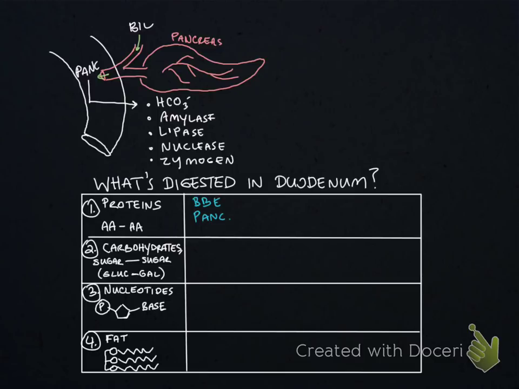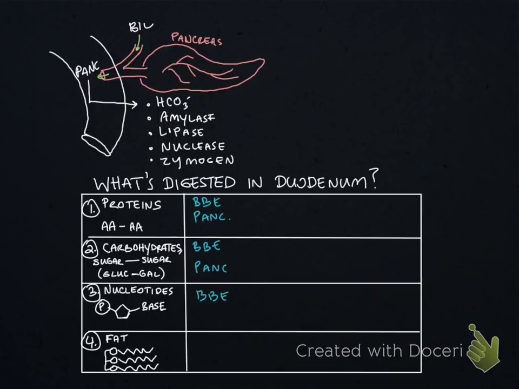The pancreas helps digest proteins. What about carbohydrates? Well, also our brush border enzymes help to digest carbohydrates as well as the pancreas. Nucleotides: brush border enzymes help to digest nucleotides.